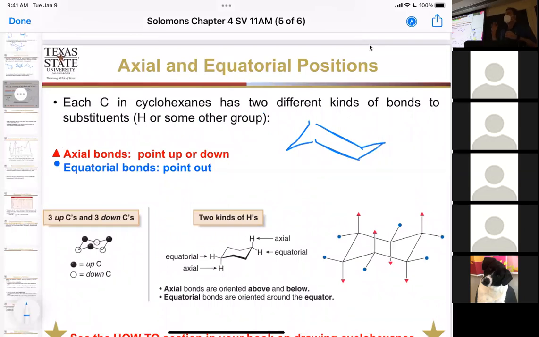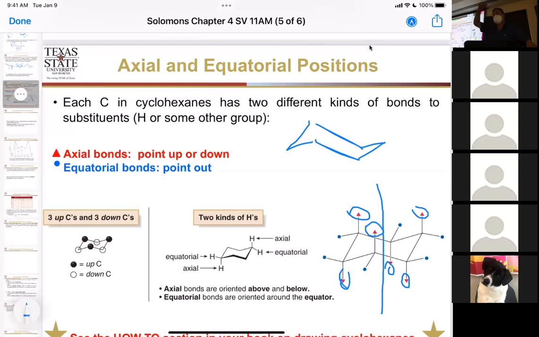So not all of the positions of the atoms attached to the ring are the same, okay? We have two types of positions. The way I like to look at it is, if the cyclohexane was the Earth, and this was its axis, we have hydrogens or attachments that are in line, parallel with the axis. We call those axial hydrogens or axial attachments, okay?